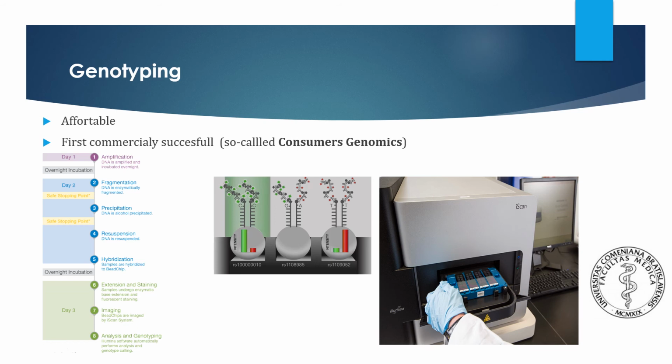In human genomics, genotyping works in the form of assays, which contain mostly about 700,000 up to 1 million or even more positions in the genome, so-called SNPs, which are connected or associated with particular clinical relevance. So basically, instead of sequencing a whole genome, which is more than 3 billion base pairs, we are sequencing up to 1 million, but very relevant and very scrupulously selected sites, which is very efficient.